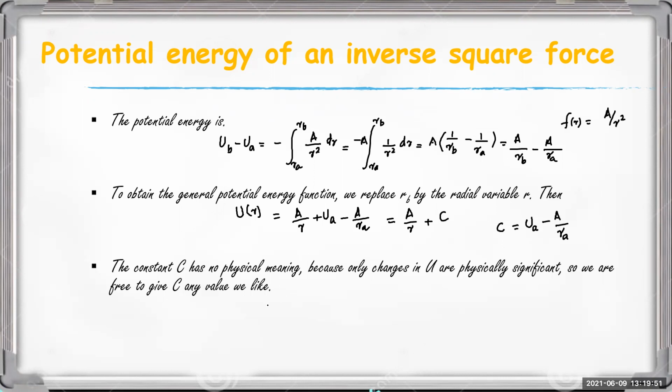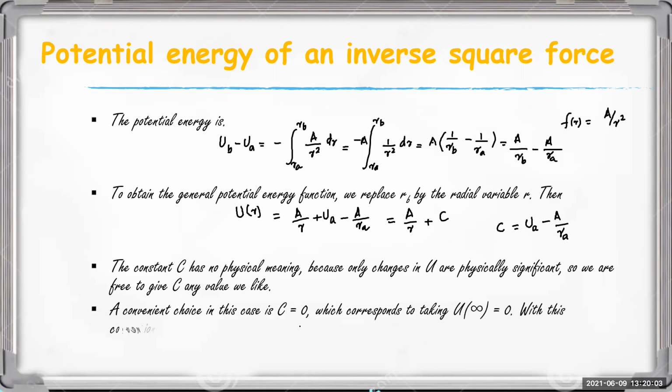So we are always free to give C any value we like. A convenient choice in this case is C equal to 0, which corresponds to taking U at infinity equal to 0.